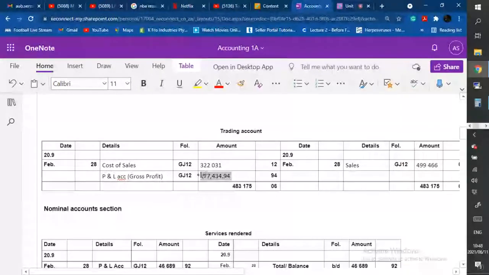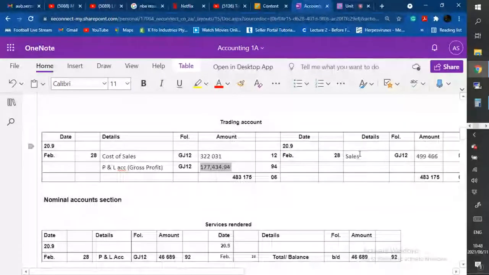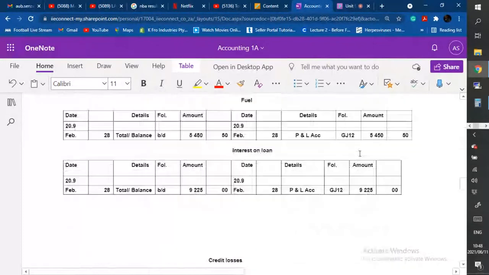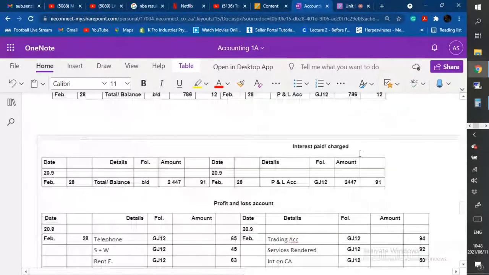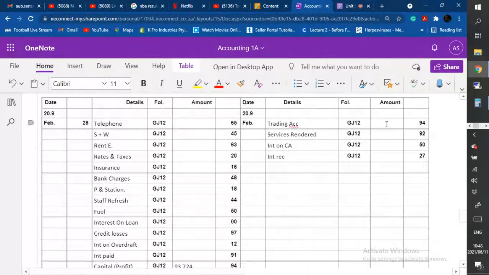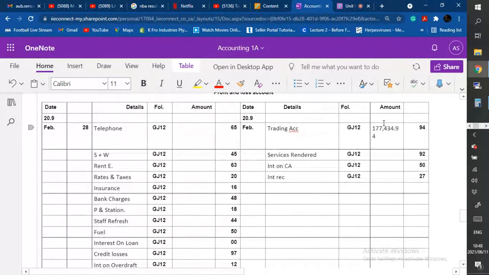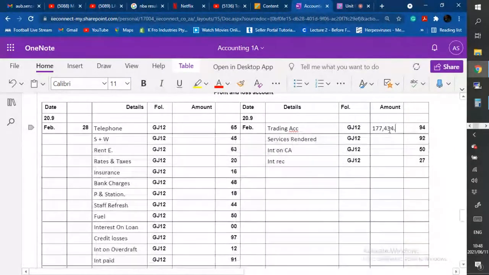So just want to copy that quickly. Yep, scroll back down. So there's the amount right there. And here I just want to put in gross profit.